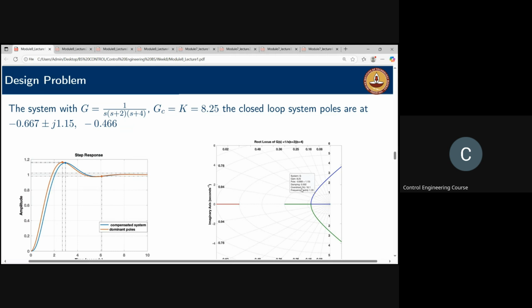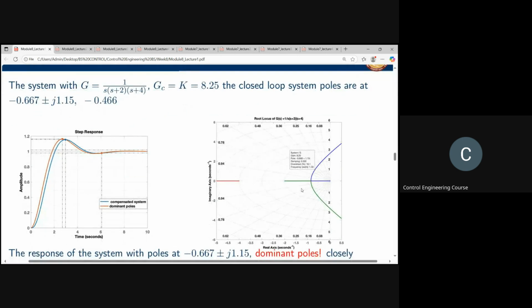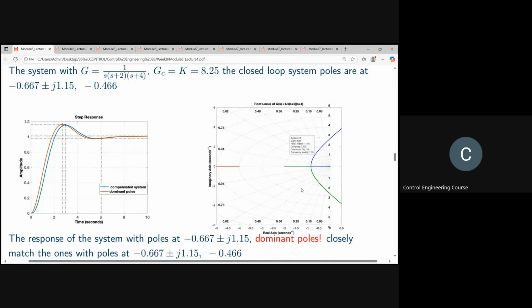Okay, so since the root locus of the system passes through this, it turns out a simple P controller can solve this design problem, because root locus is basically seeing how the closed loop poles move under a pure P controller, right?